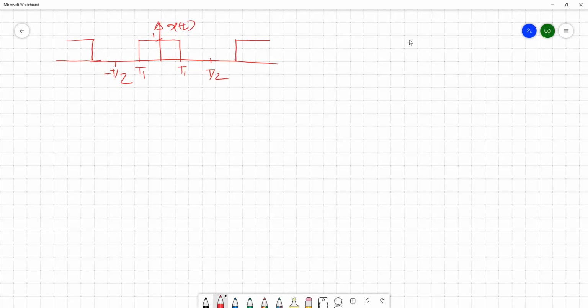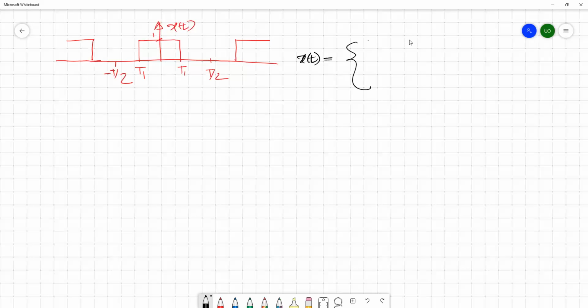So it's a kind of a square wave type. Once we mathematically model this function, we can simply say like that. So we have x(t). This is our time varying function, which is our periodic function. It has two values.